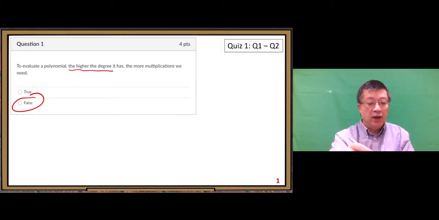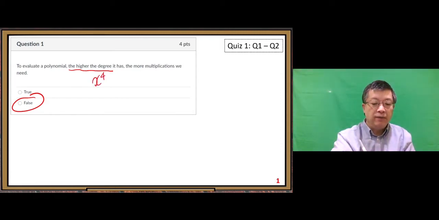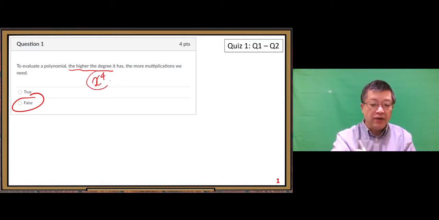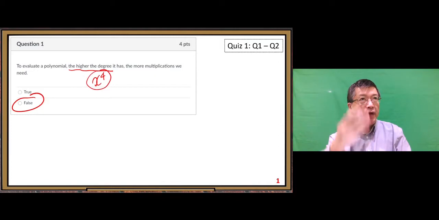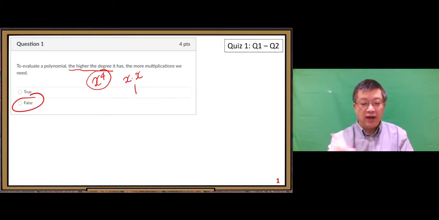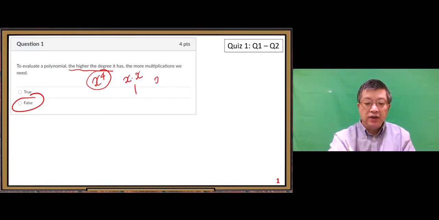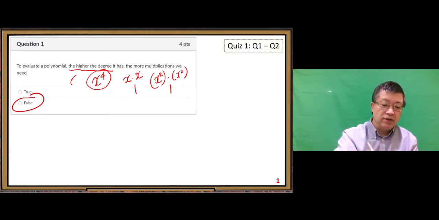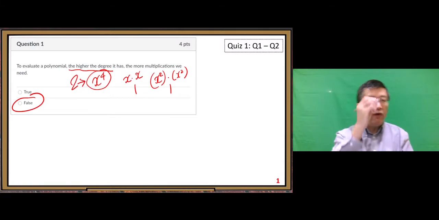Let me use a simple example: x to the 4th power. How many multiplications do we need to calculate this one? x times x, that's one multiplication, right? After you get x squared, x squared times x squared is another multiplication. So you just need 2 multiplications to get x to the 4th.